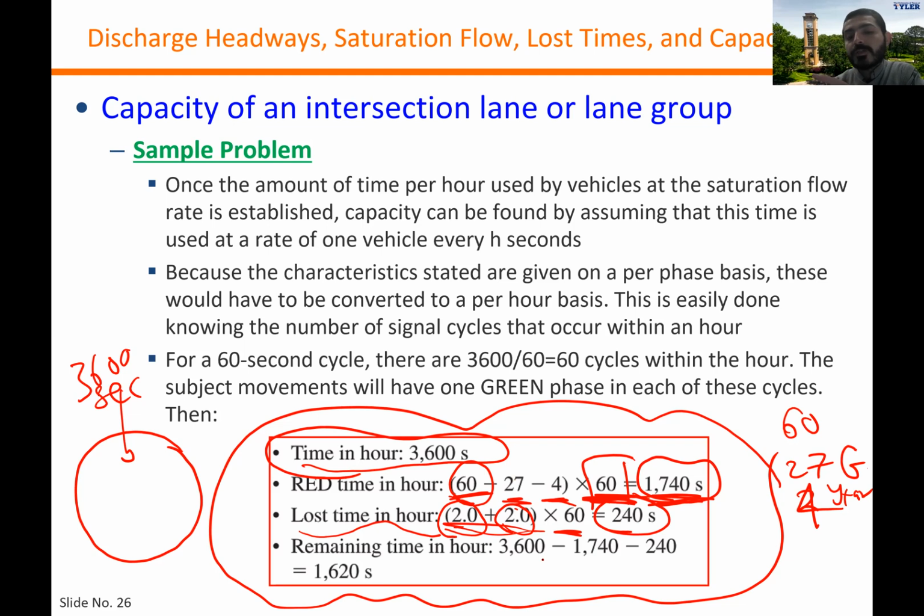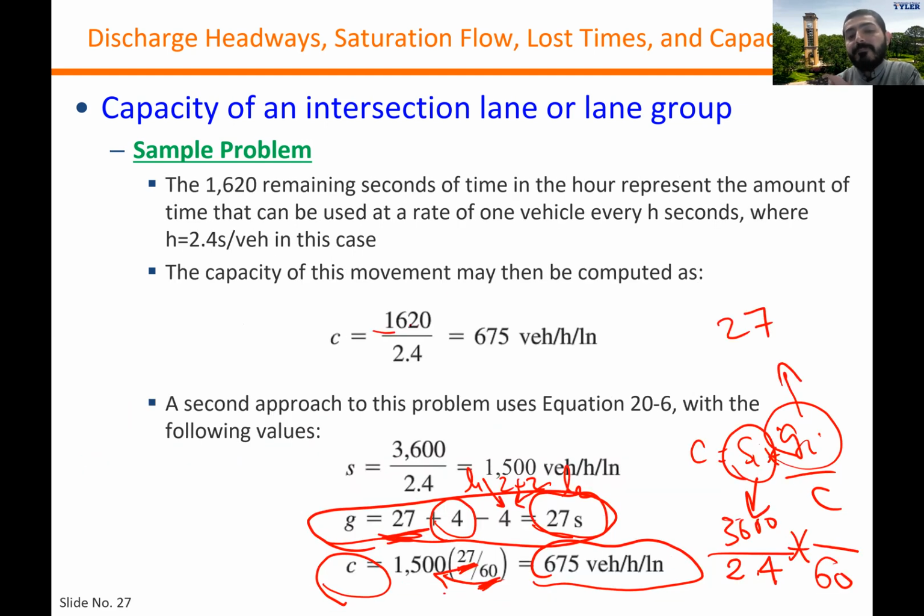So the remaining time in an hour is 3600 seconds minus the red time minus the lost time. This is going to give us the effective green time, which is 1620. And once you have 1620, this is now the pure green time, 1620 over the headway, 2.4 seconds. I'm going to have 675 vehicles per hour per lane.